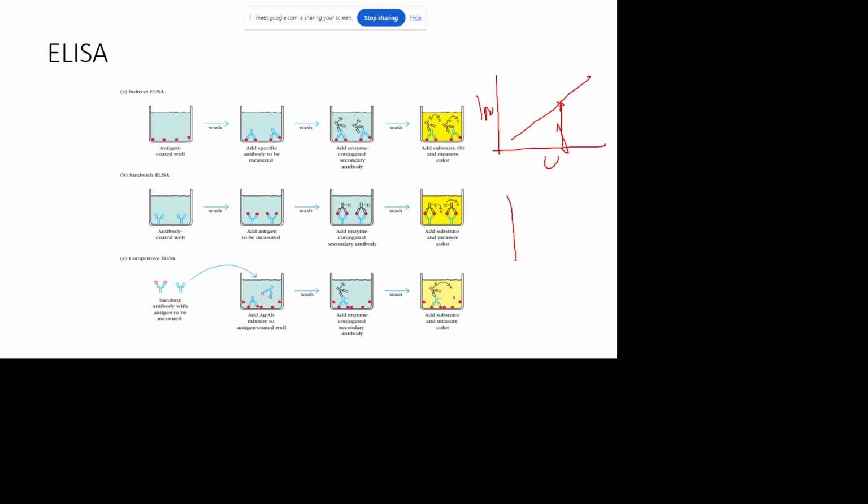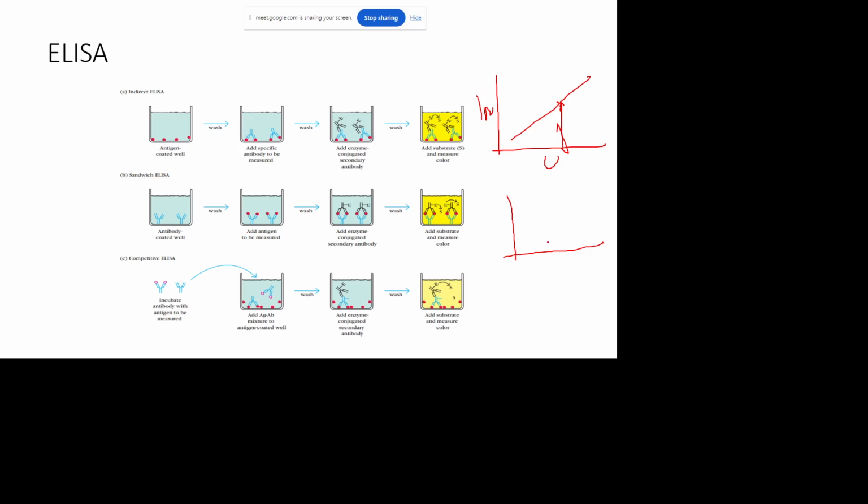Or you can use it if you need to know the binding affinity of different antibodies for a particular same antigen. Suppose you are given the same antigen and some different antibodies from different patient sera, and you are asked to check which antibody is the best suited, which has the maximum binding affinity.